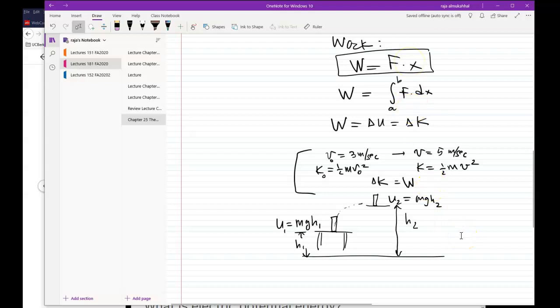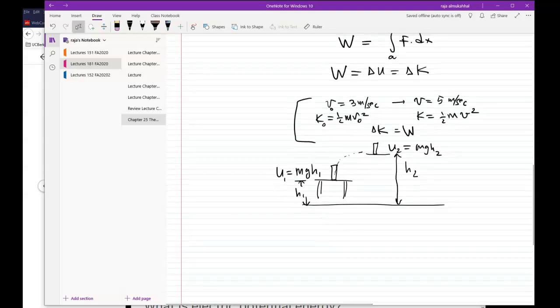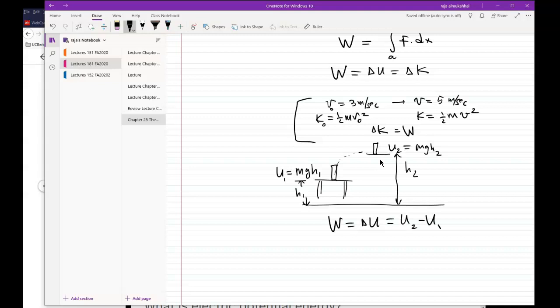Another way of saying it is that the work that I have done to move the book from the surface of the table to the top shelf or whatever, this work is also equal to the difference in potential energies. In other words, it is U2 minus U1. Okay?